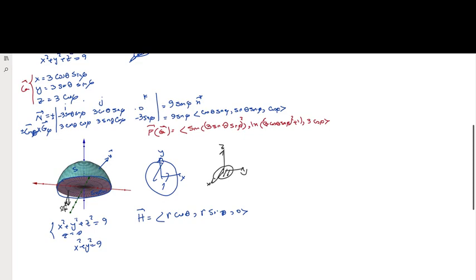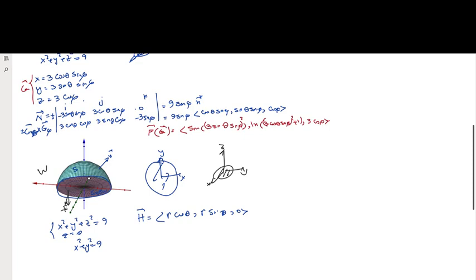So by the divergence theorem I can say, now let's say there is a volume W, which is the inside of the hemisphere capped at the z-axis.